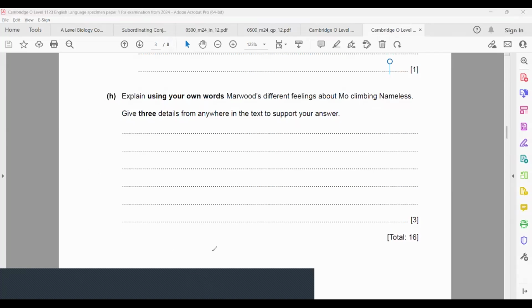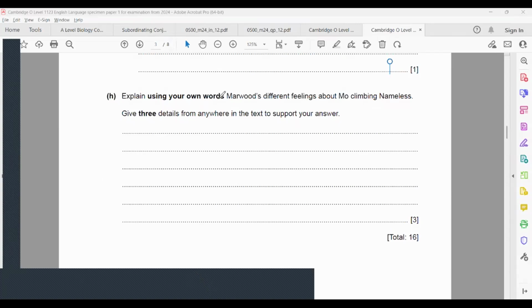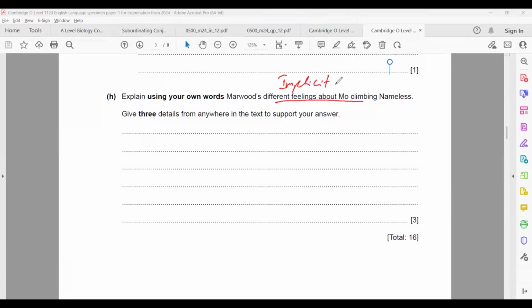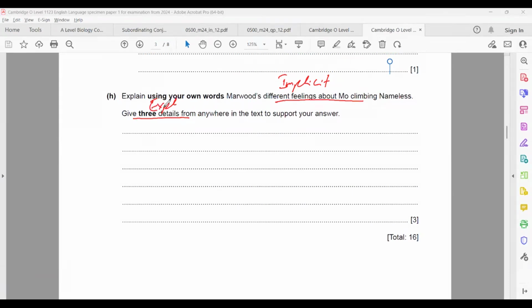So again, this is similar to the question we just dealt with. The feelings are not clearly given in the text, so that would be implicit. When you read the text, you'll figure that out. And then they're asking you to give details from the text, and so that will be explicit.